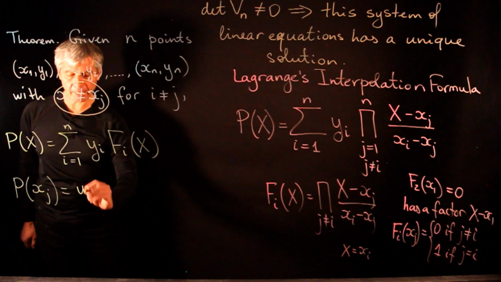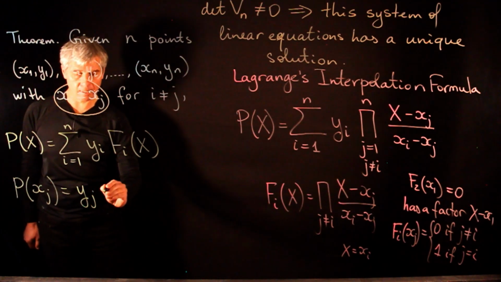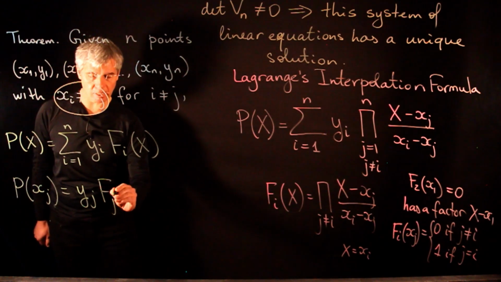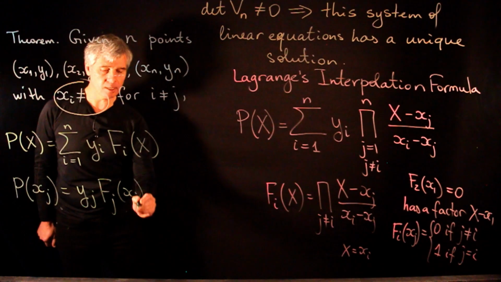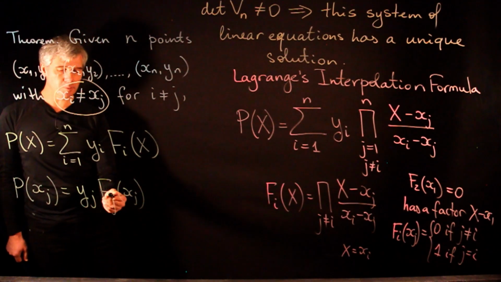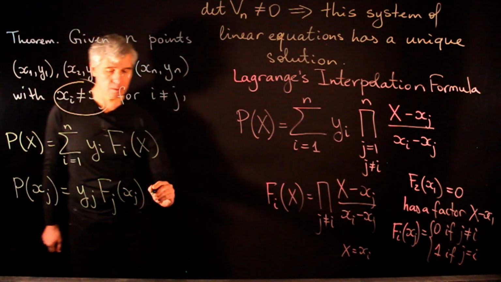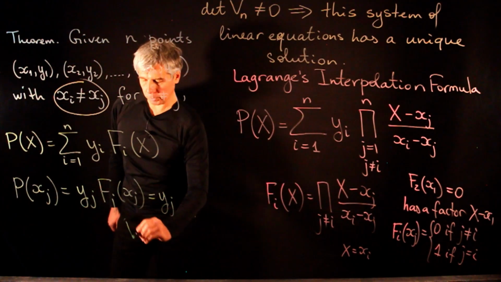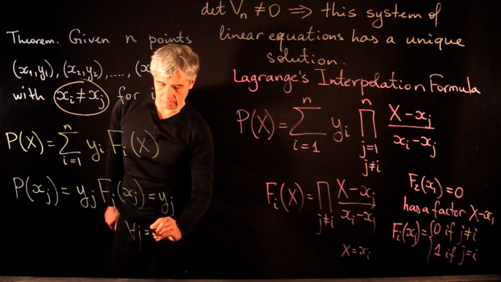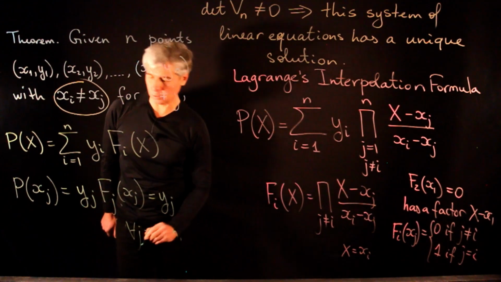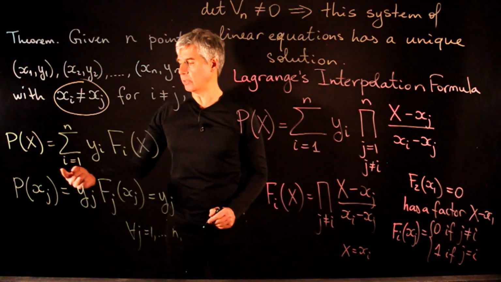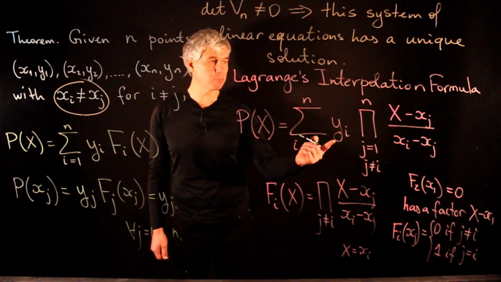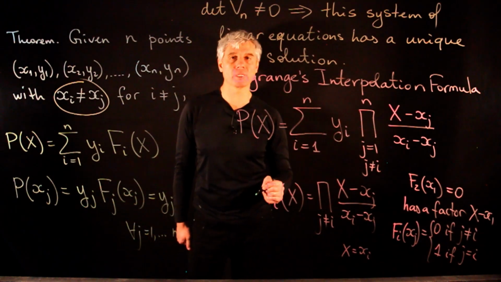So we will get yj times fj evaluated at xj, and this polynomial has value 1. And so the result we will have is yj. And this will be true for all j from 1 to n. So we see that this polynomial has prescribed values at prescribed points.